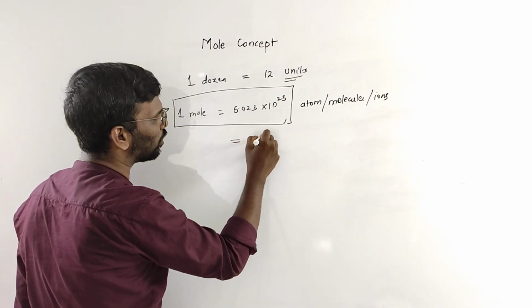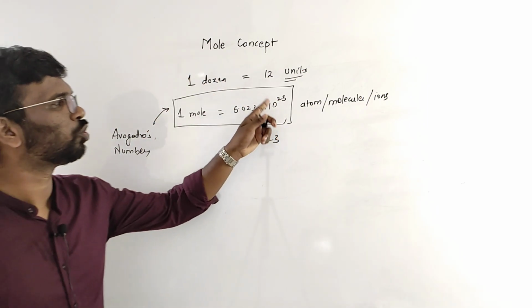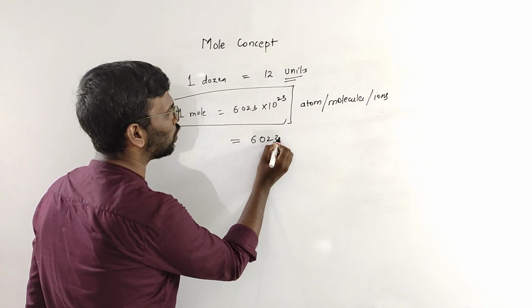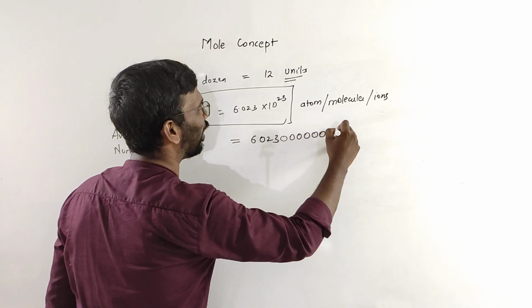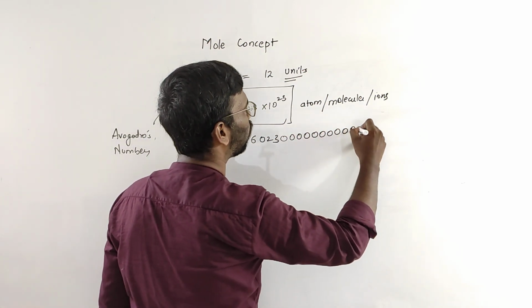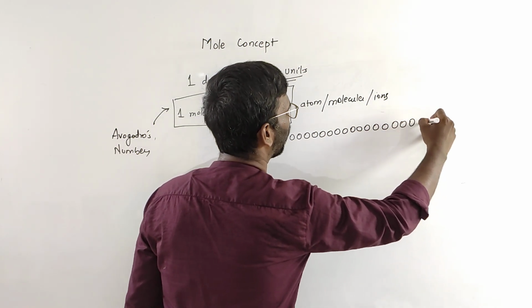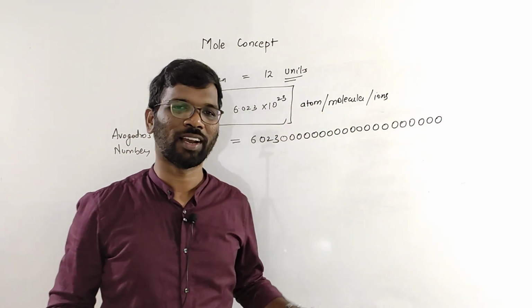Breaking this down, it is 10 raised to power 23, so the point will shift: 1, 2, 3, 4, 5, 6, 7, 8, 9, 10, 11, 12, 13, 14, 15, 16, 17, 18, 19, 20, 21, 22, 23. It is so big, we can't even count it.